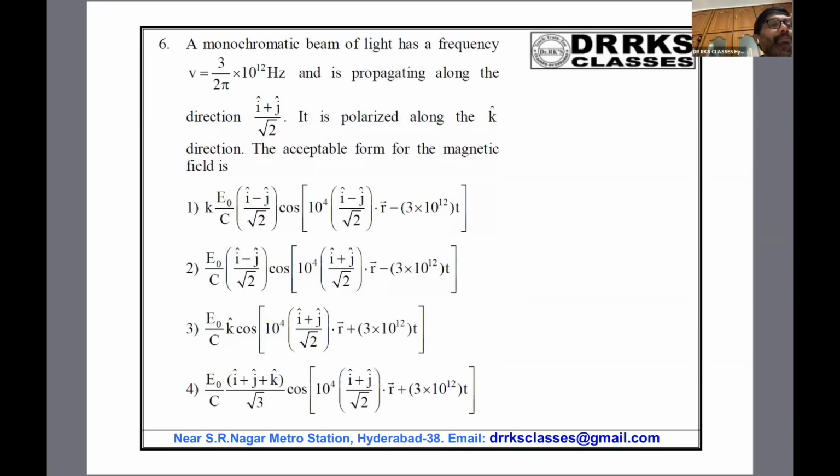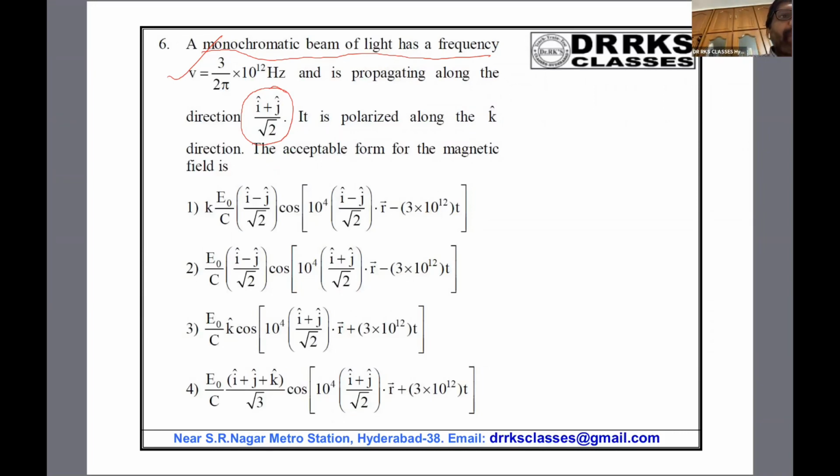Next one. Here, a monochromatic beam of light has a given frequency. The direction of propagation is given, that is i cap plus j cap by root 2, a unit vector in the direction. So naturally, it is propagating in the xy plane.